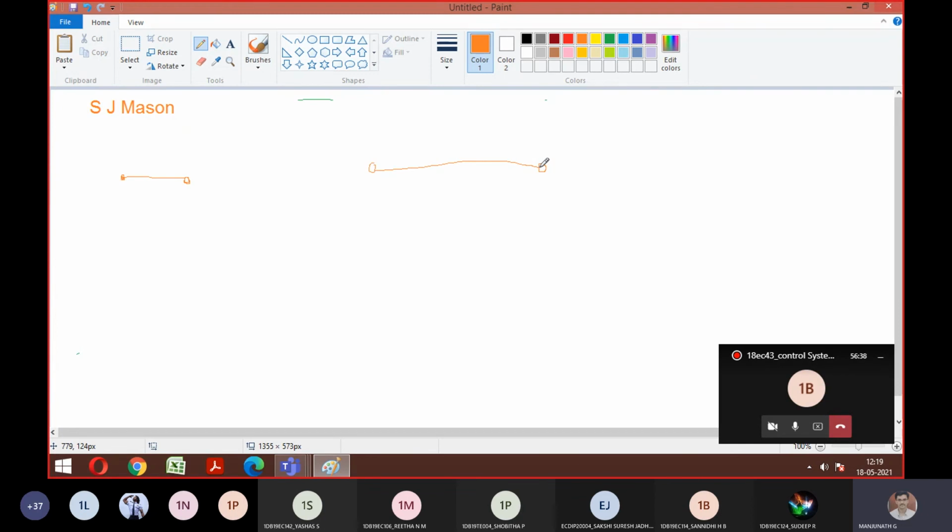So the direct line which joins two nodes is called a branch. Am I clear, everyone? So a signal flow graph consists of nodes, and these nodes are connected by direct lines called branches. Is it fine, guys?